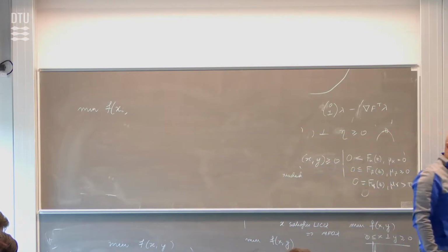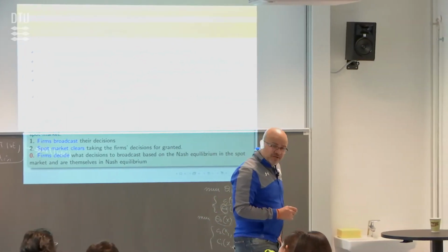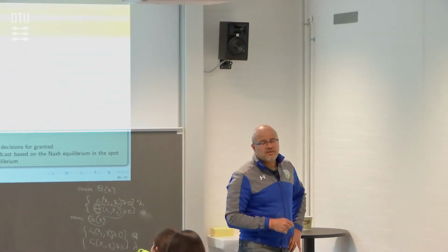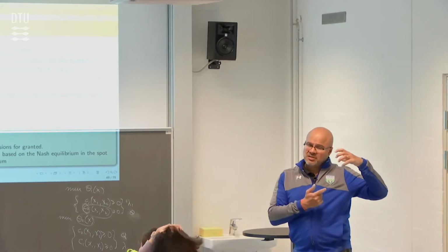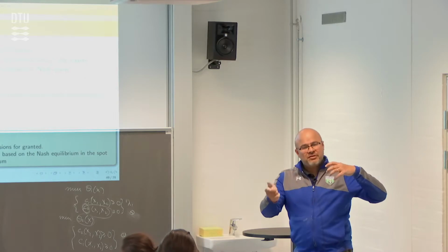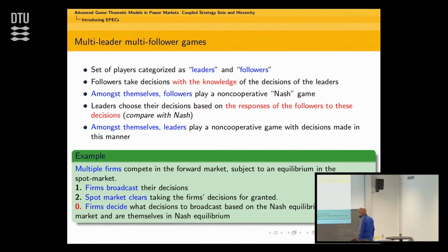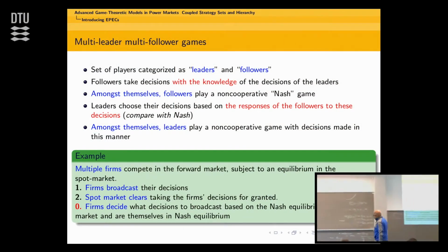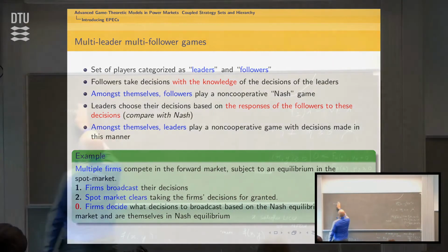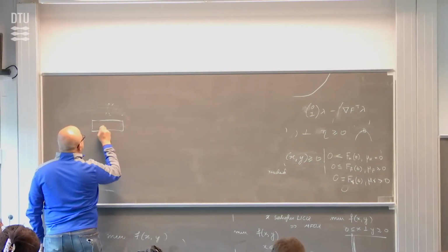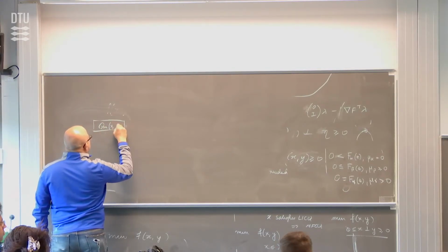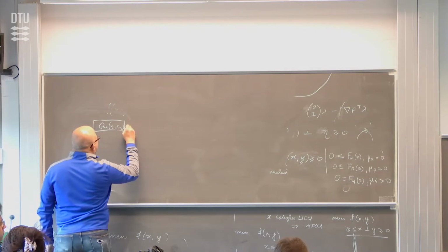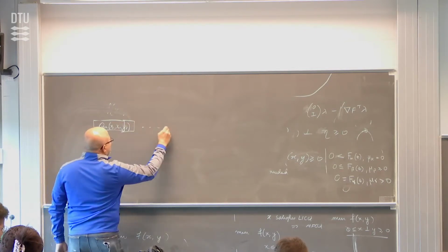This routinely happens when you try to model generation firms that are strategic with respect to the system operator. So you have a generation firm that is a leader with respect to the system operator, but competes with other generation firms. So then you have a model that looks like this. You have a generation firm with decision x_i, or x_1, x_{-1}, and then you have y_1, which is its follower decision.